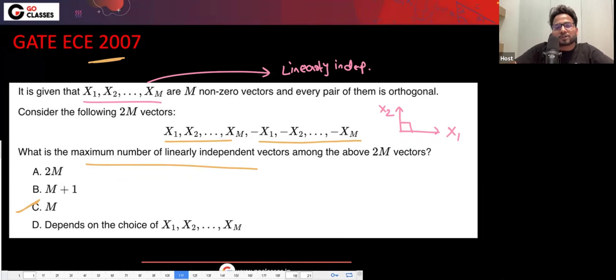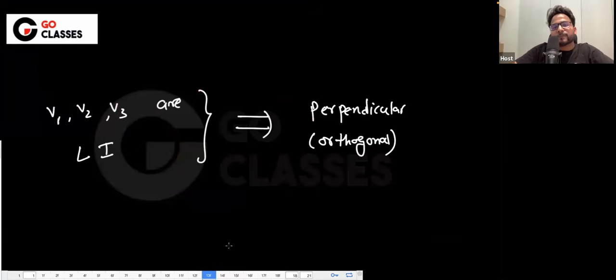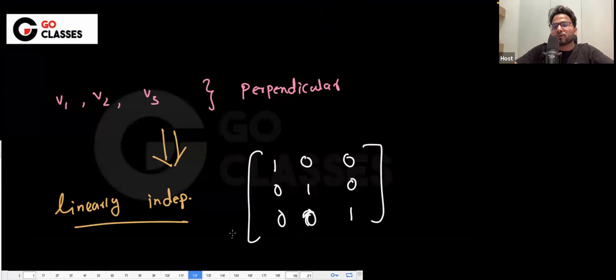Some of the students are not getting this. Don't worry. You can do one thing. Anyone here can mathematically prove this?